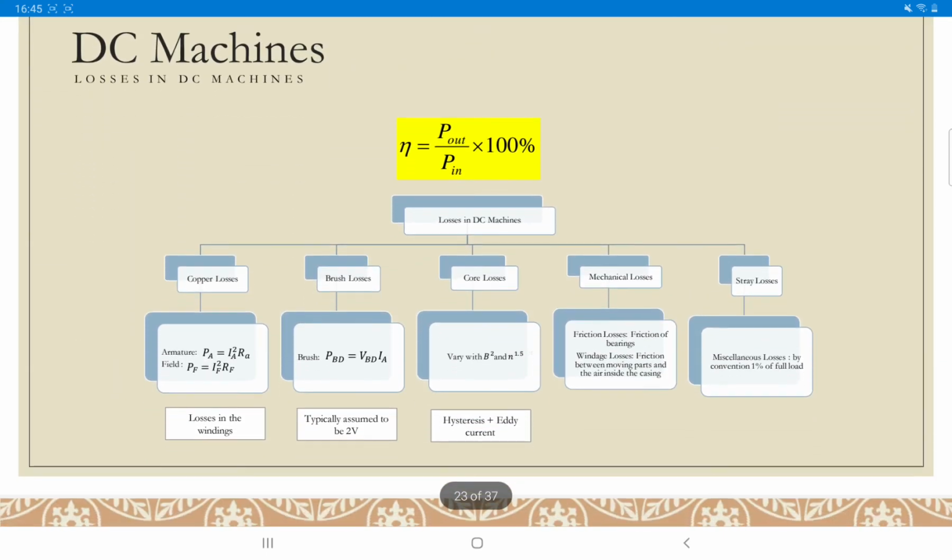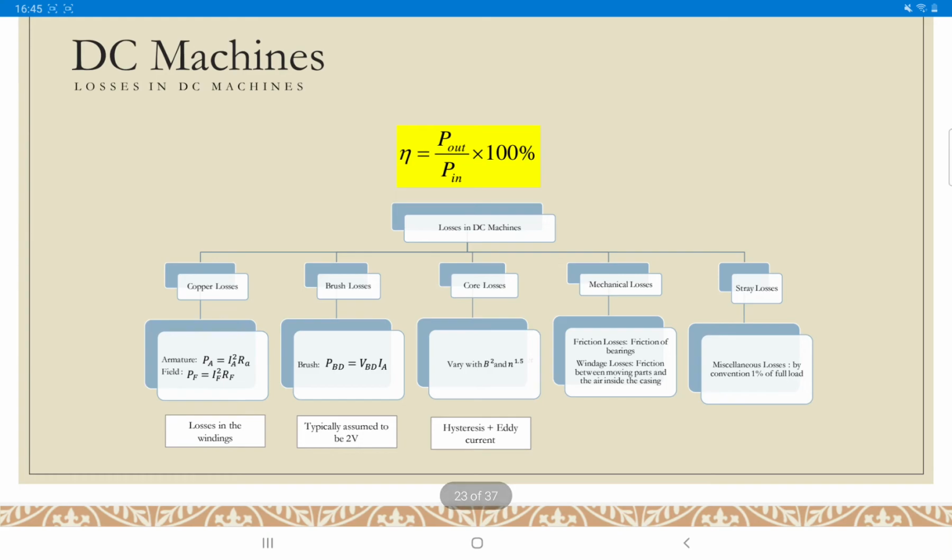The losses in DC machines are the copper losses, which is I square R, which happens at the armature, which is your rotor, and the field, which is at your stator. You also have brush losses, because we talked about this before. When you have a change of current there will be a voltage drop, so you have voltage drop times the armature current, which is typically assumed to be 2 volts.